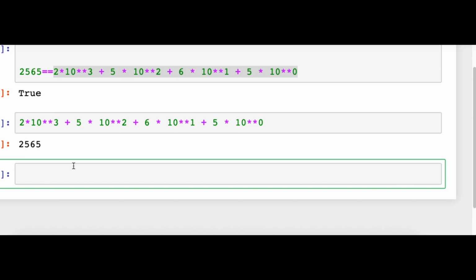Now notice in the decimal system we use the digits 0, 1, 2, 3, 4, 5, 6, 7, 8, 9. In the binary system we use just 0 and 1.